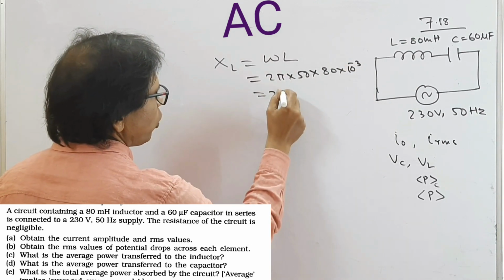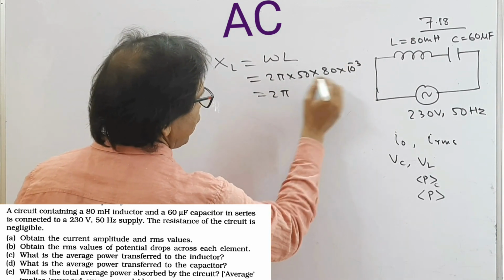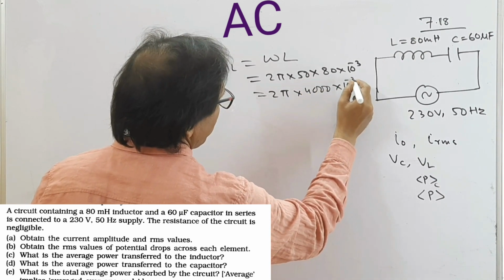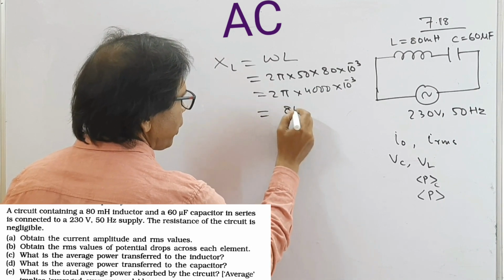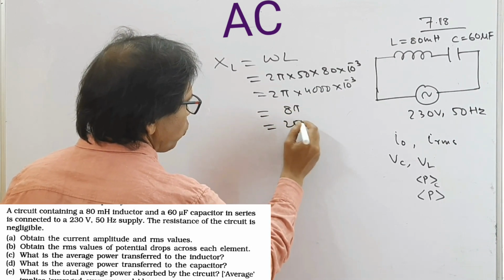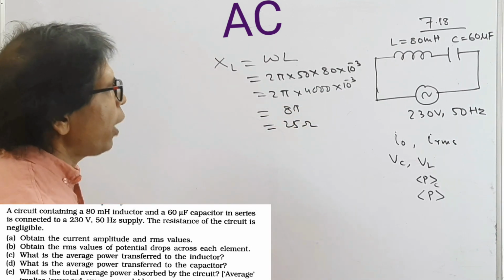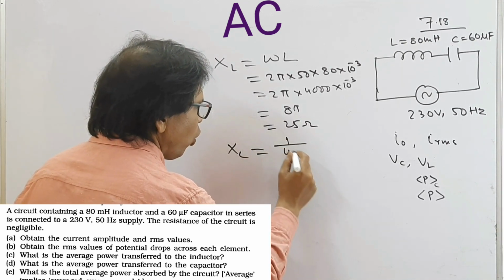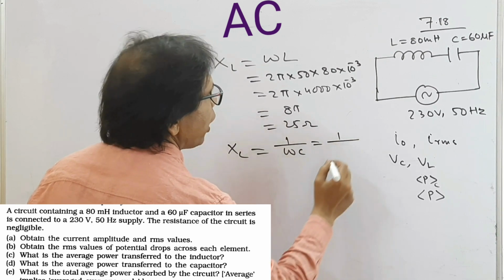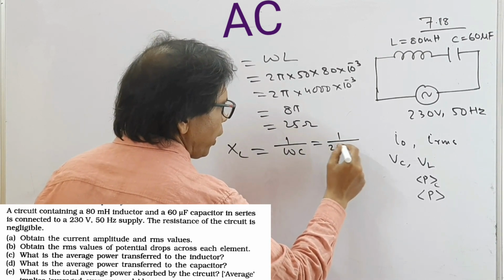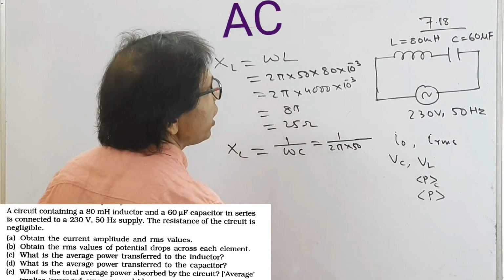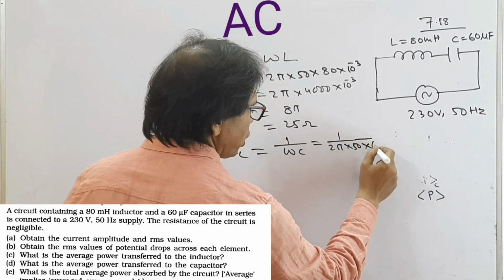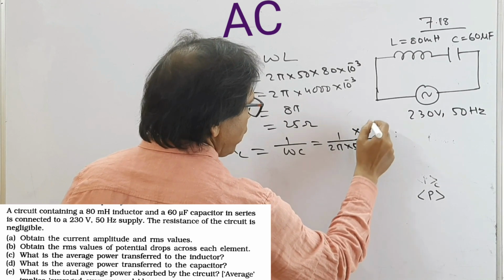Now look at this, this is 2 pi and this is 4000 and this is 10 to the power minus 3. So this is 8 pi. Now 8 pi equals 25 ohm almost. Now XC, look at this, XC equals 1 by omega C. Now omega is 2 pi into 50 and C equals 60 into 10 to the power minus 6.